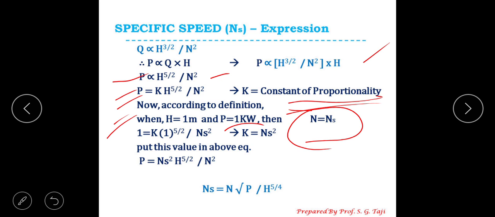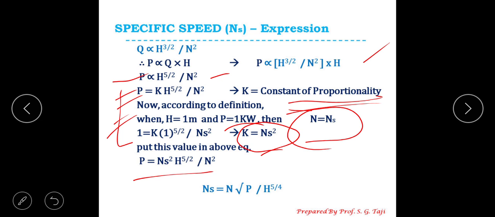Here you substitute. P is equal to 1 kilowatt. K constant you write as it is, you have to find out. H, put the value of 1 to the power of 5 by 2 means 1 only, divided by n, which is nothing but ns, so ns squared, which implies k is equal to ns squared. Put this value in the above equation.